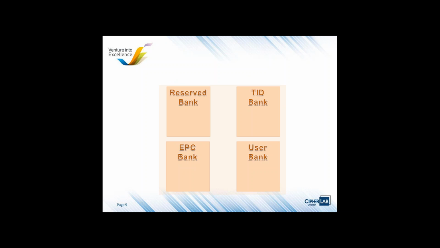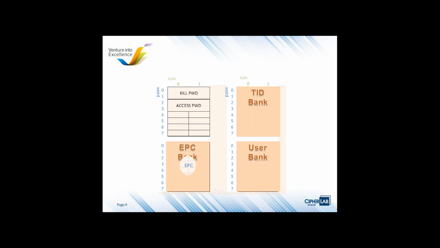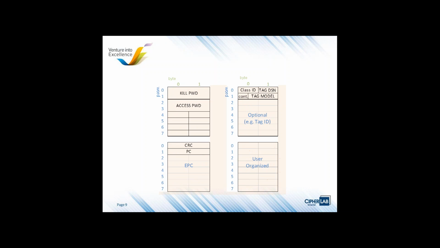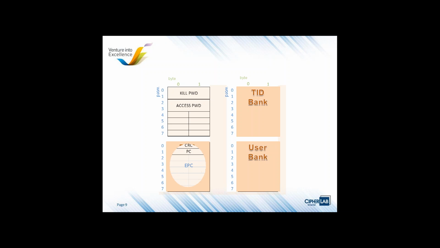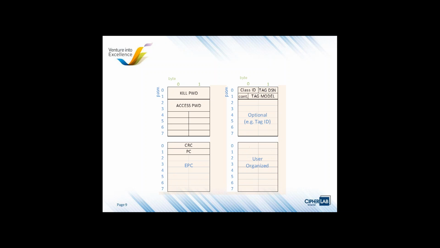It includes the tag serial number, tag model, manufacturer ID, and allocation class identifier. And the last block is user memory. In this block, users can define and organize by themselves. The memory capacity depends on the chip manufacturer.